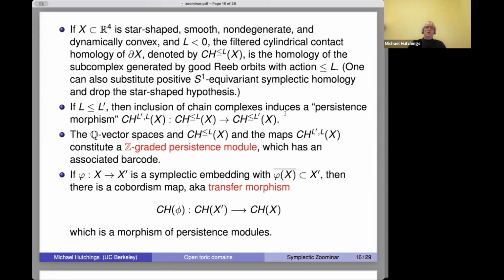So what is this filtered cylindrical contact homology? So for each, oh, this is another typo, excuse me, where it says L is less than 0, that doesn't make any sense. L should be greater than 0.